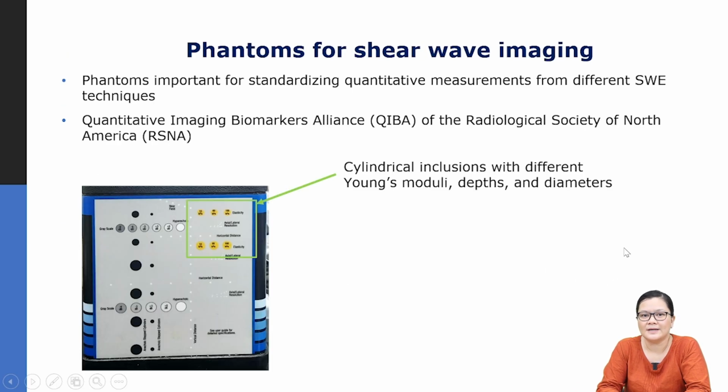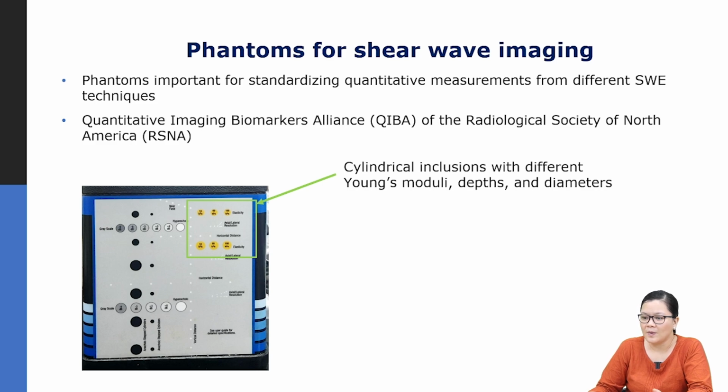Another important aspect of shear wave imaging is phantoms. Phantoms are widely used to standardize quantitative measurements from different shear wave elastography techniques and systems. There are many companies around the world that produce ultrasound systems with the shear wave elastography mode, and each company has their own way to post-process the data.